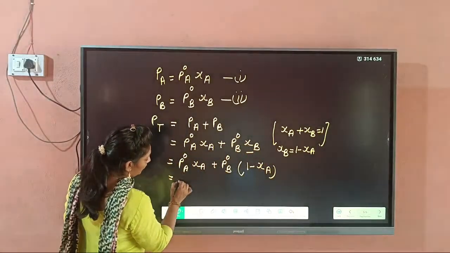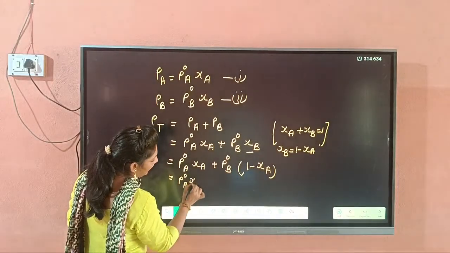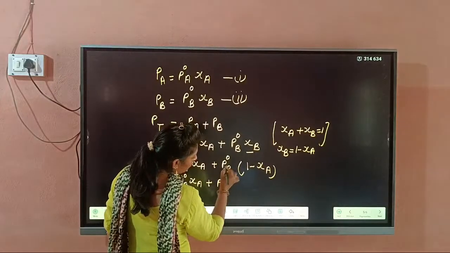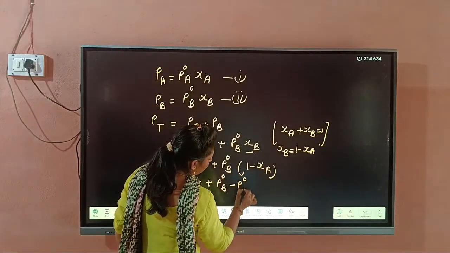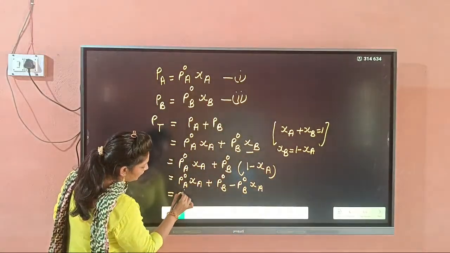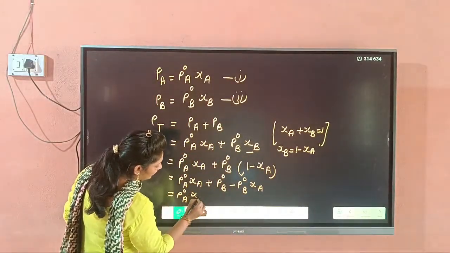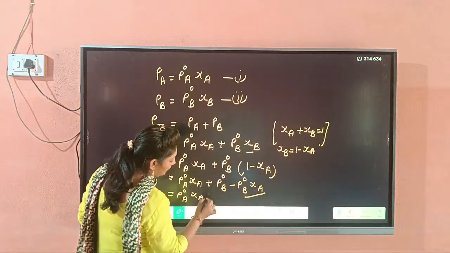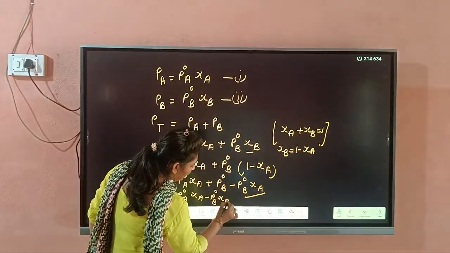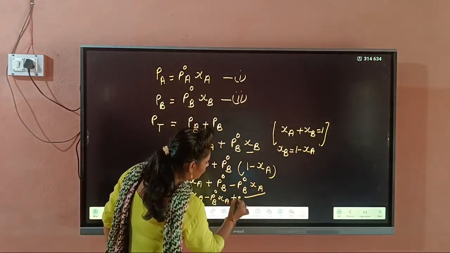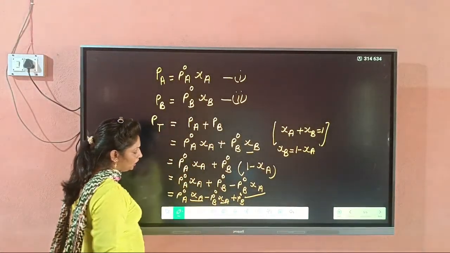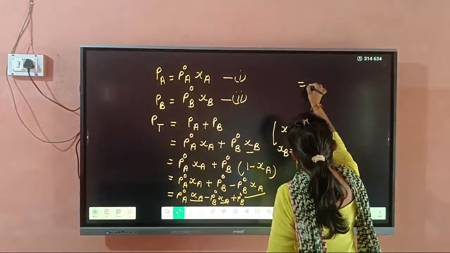Now P naught A XA plus P naught B, now multiply it by XA, so P naught B XA. Again P naught A XA, and we can write this term also with this one, P naught B XA plus P naught B. In these terms XA is common, so now take XA common.